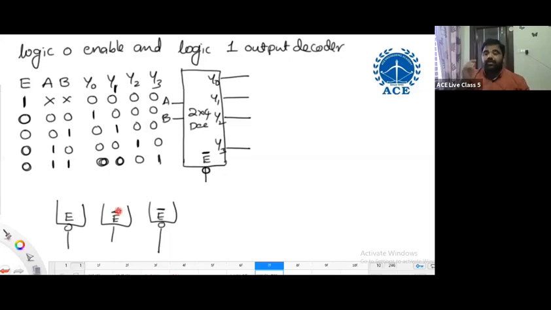Whenever we have E without bubble and without bar, then it is logic 1 enable. Otherwise, all these three are representing logic 0 enable. So don't apply any logic. If you are applying logic, there is a possibility of losing marks through logical deductions.